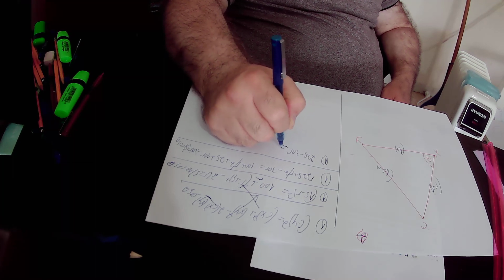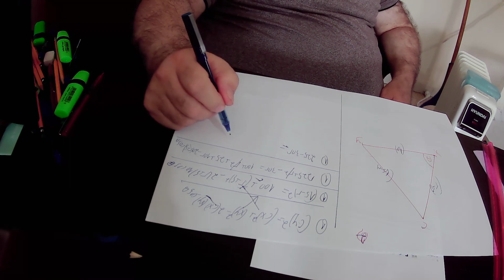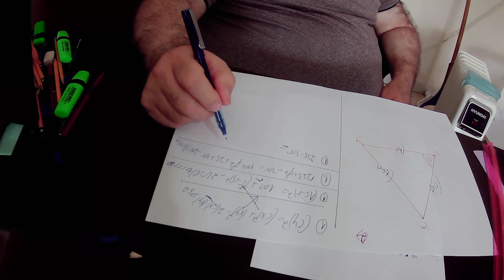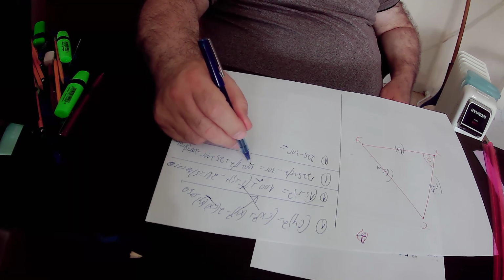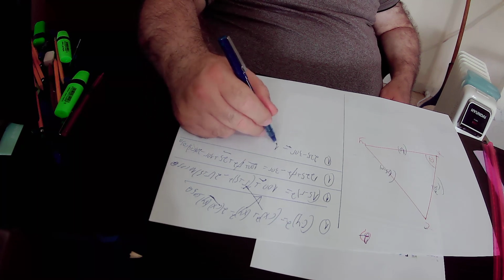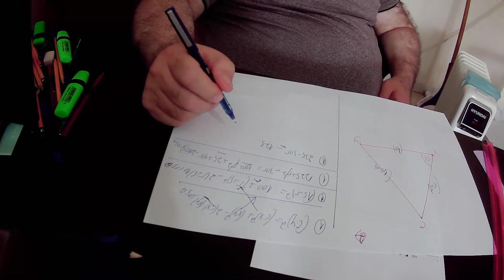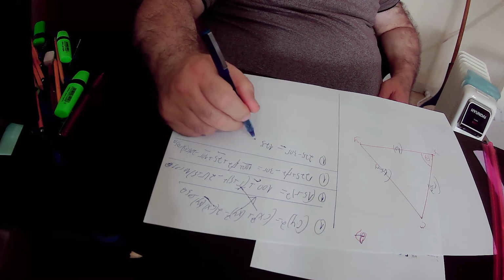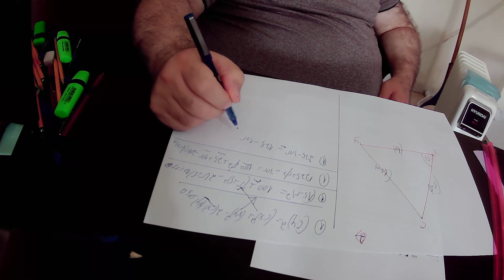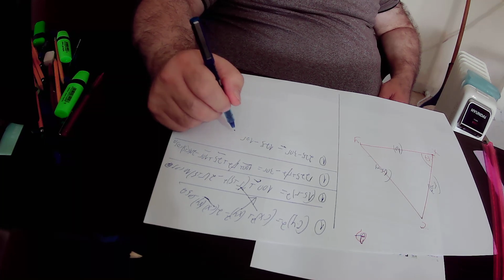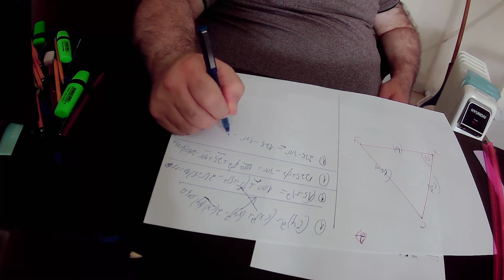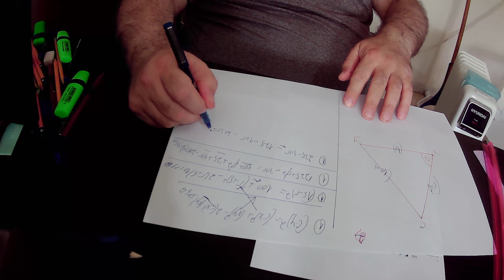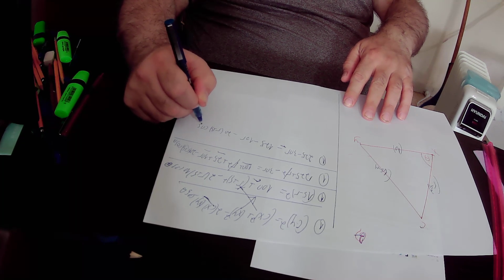And on the other side we have 100 plus 25, which is 125, plus 10R, minus 20 times R plus 5 times cosine theta.